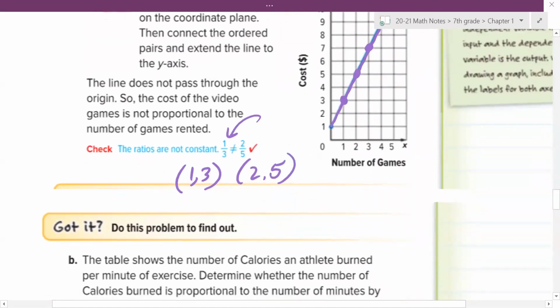If I did what we did on Tuesday, 1 divided by 3 is not equal to 2 divided by 5. Because remember, those proportions have to be the same. It has to be the same ratio from last week.